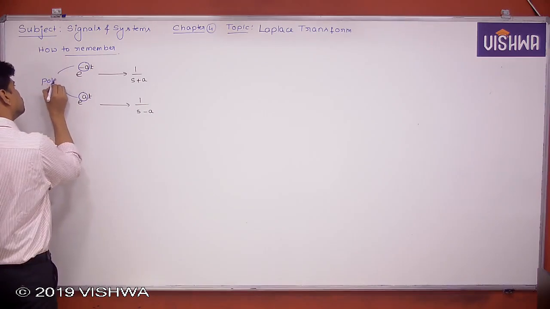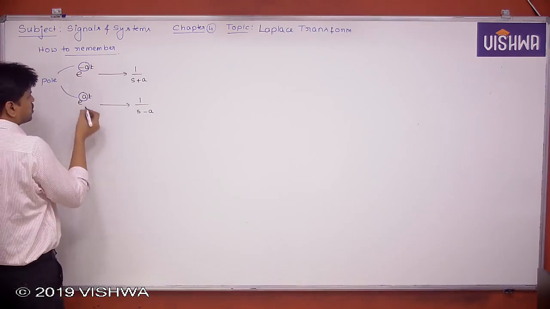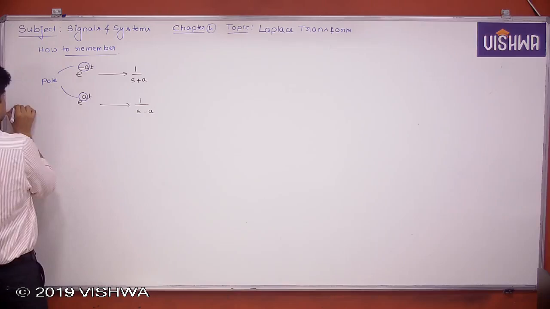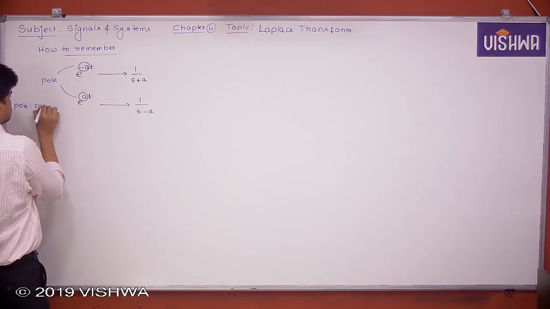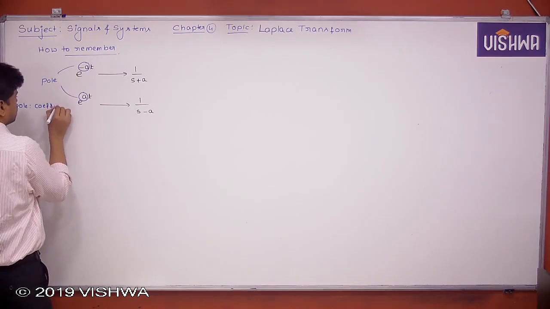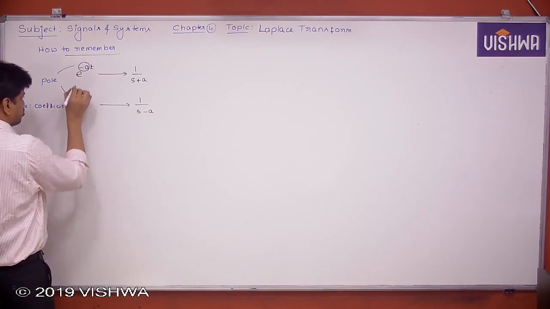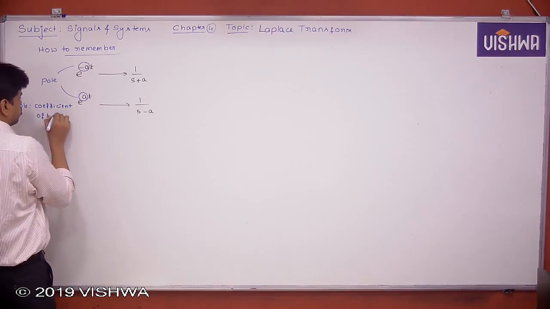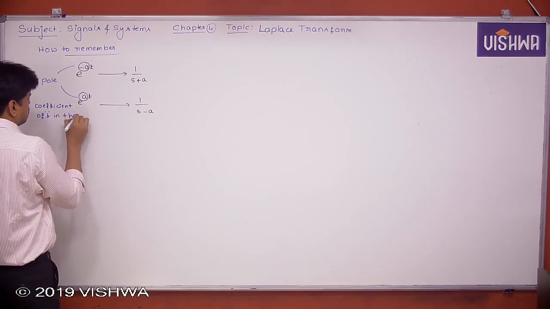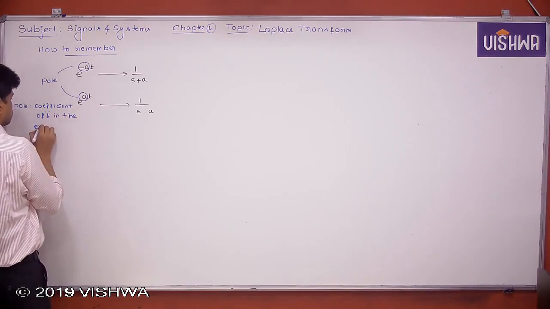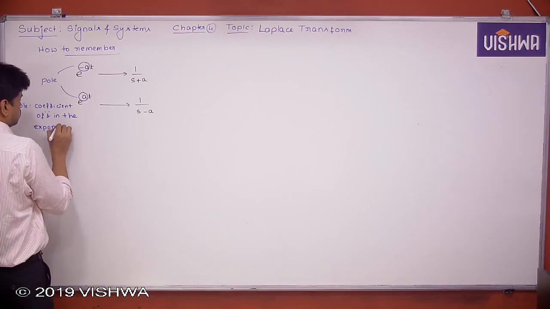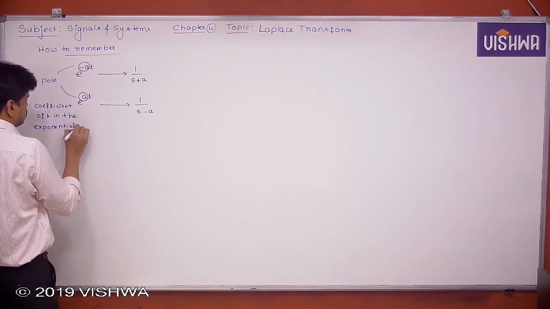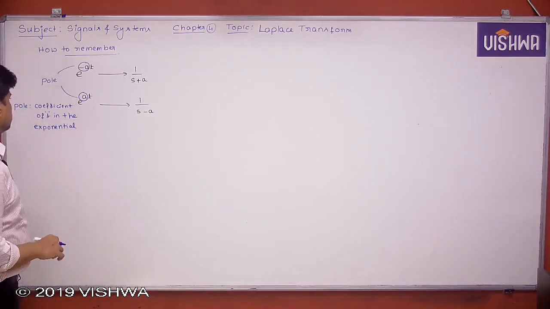So I can write the pole is the coefficient of t in the exponential.